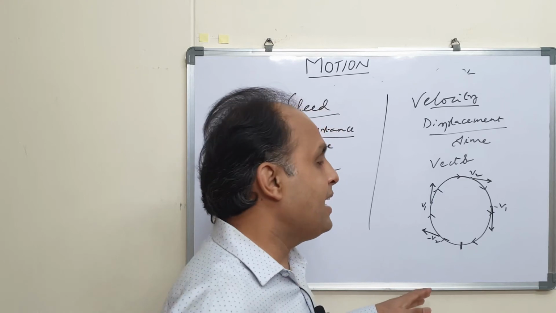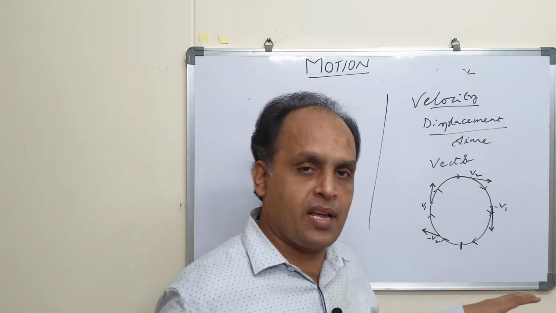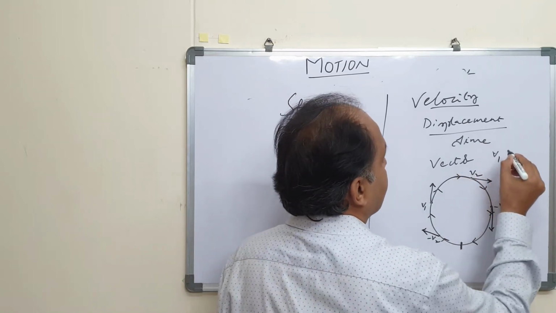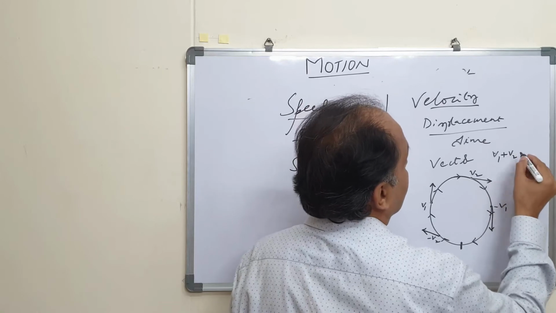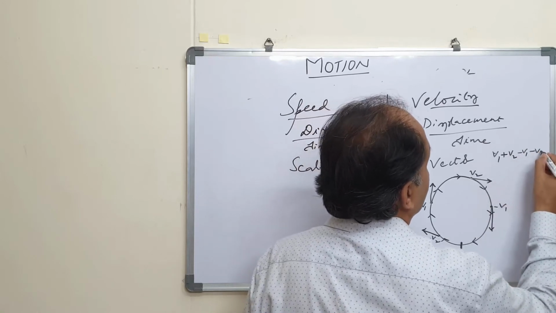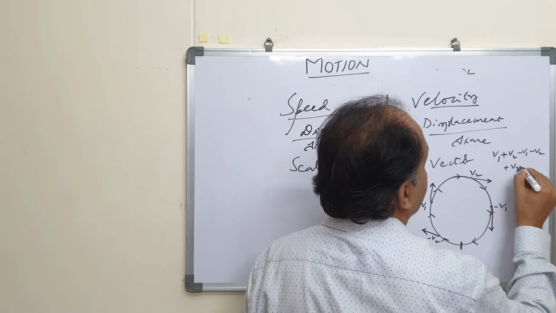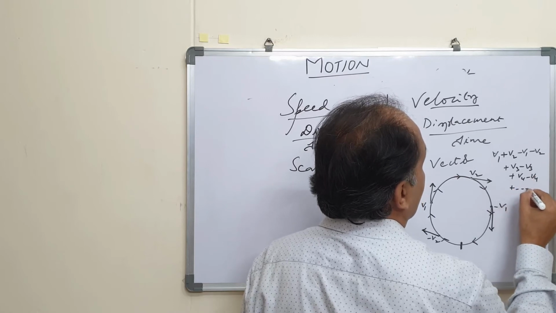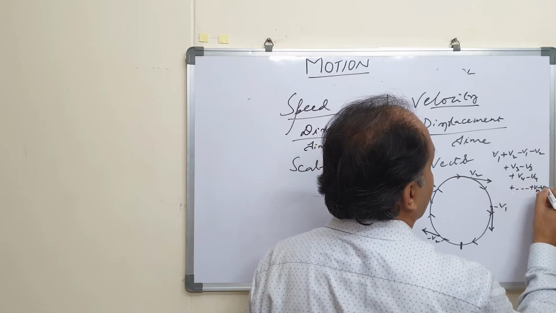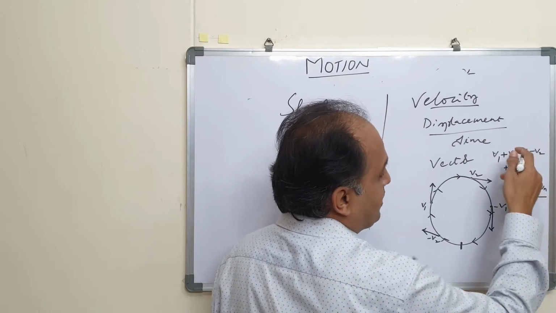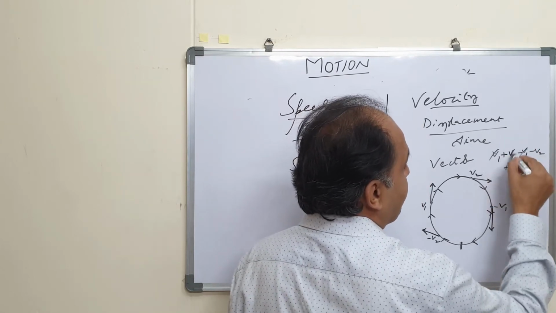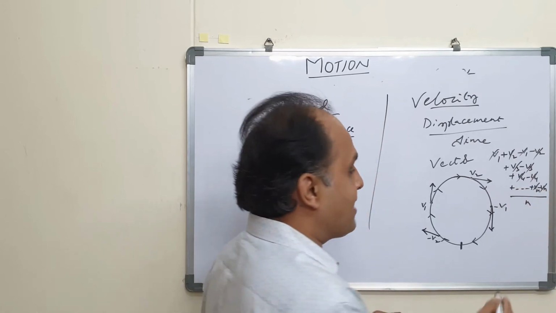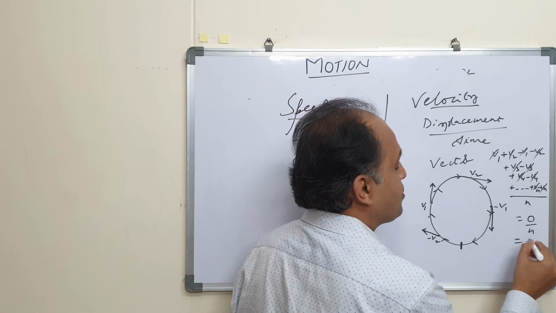So if I add up all these velocities and find their average, then I will get v1 plus v2 minus v1 minus v2 plus v3 minus v3 plus v4 minus v4 and so on, plus vn minus vn, whole by n. So these all will get cancelled. v1 minus v1, v2 minus v2, v3 minus v3, v4 minus v4, vn minus vn, and all of them get cancelled and you will get 0 by n, which is 0.